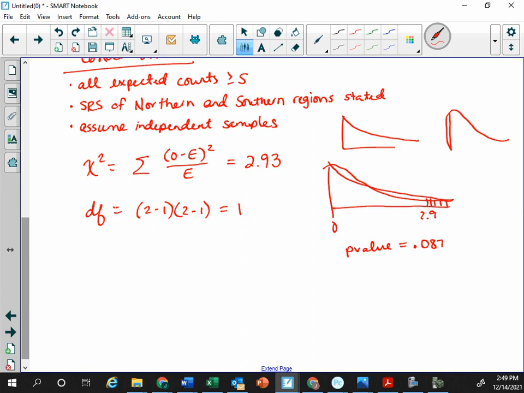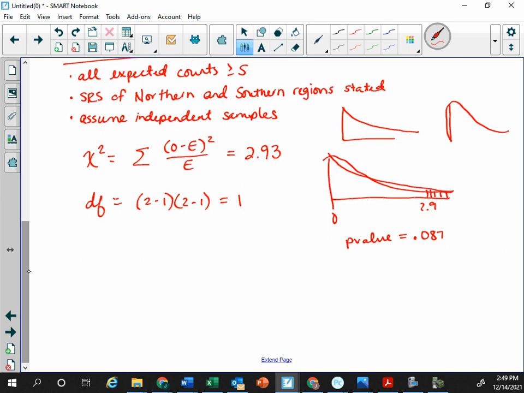Okay. All right, our conclusion, guys, our last piece. What are we doing? Fail to reject, yes. Since our p-value of 0.087 is greater than alpha of 0.05, we fail to reject the null.